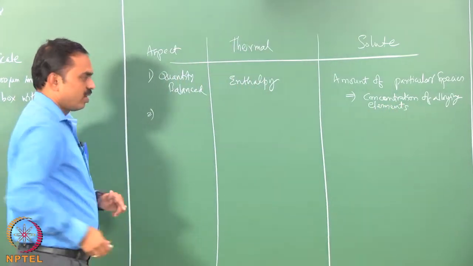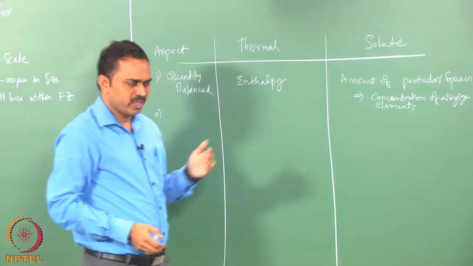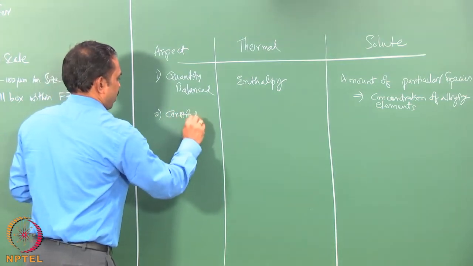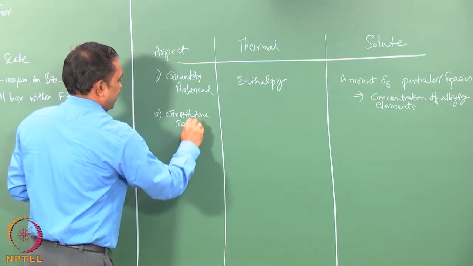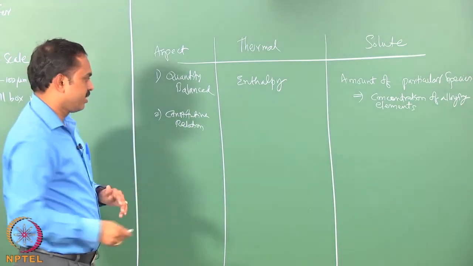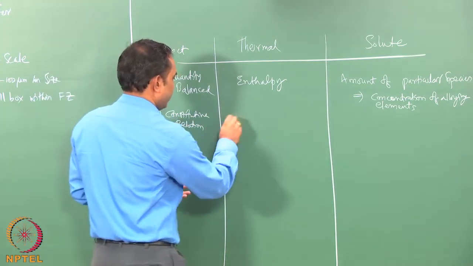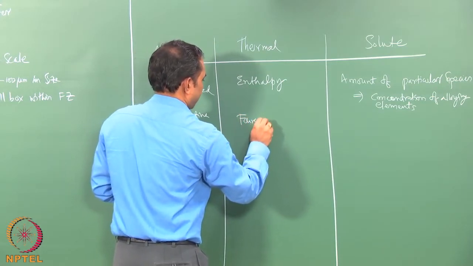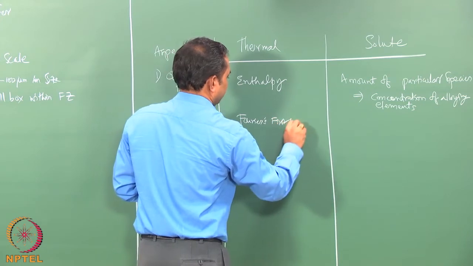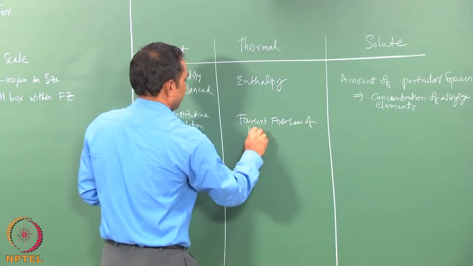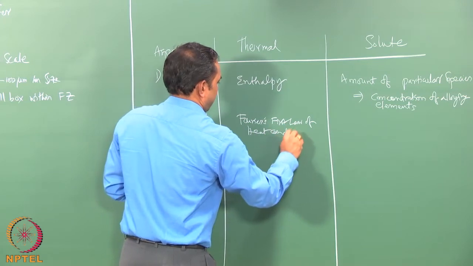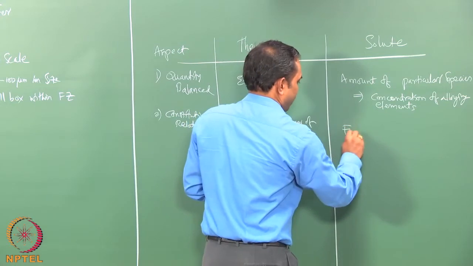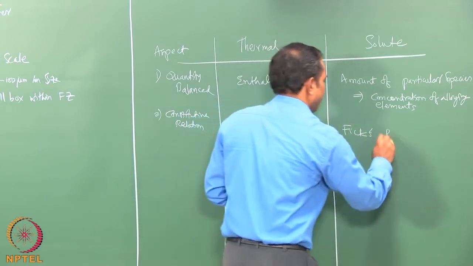And in the thermal model we have come across what is called a constitutive relationship, and that is basically governing the cause and effect. In the thermal model it is Fourier's first law of heat conduction, and in the case of solute transfer it would be Fick's first law.